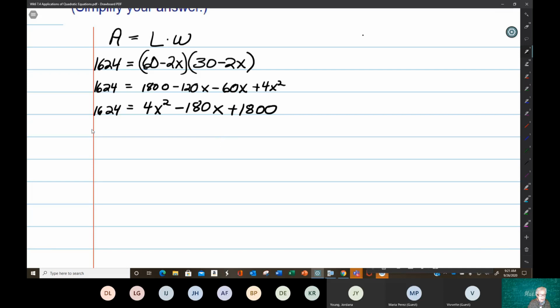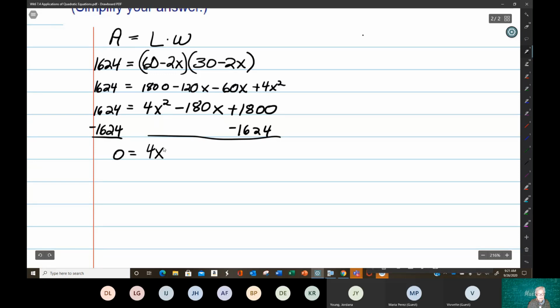And then we're going to subtract 1624 from both sides. Bring down the 4x squared and the minus 180x.